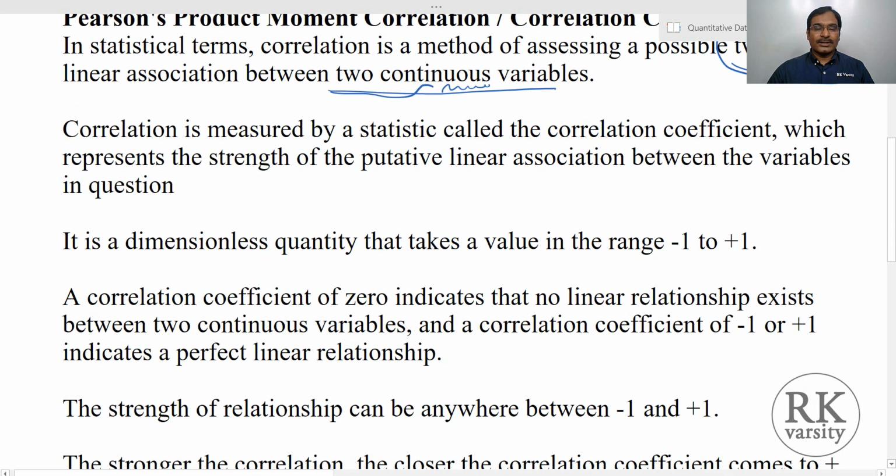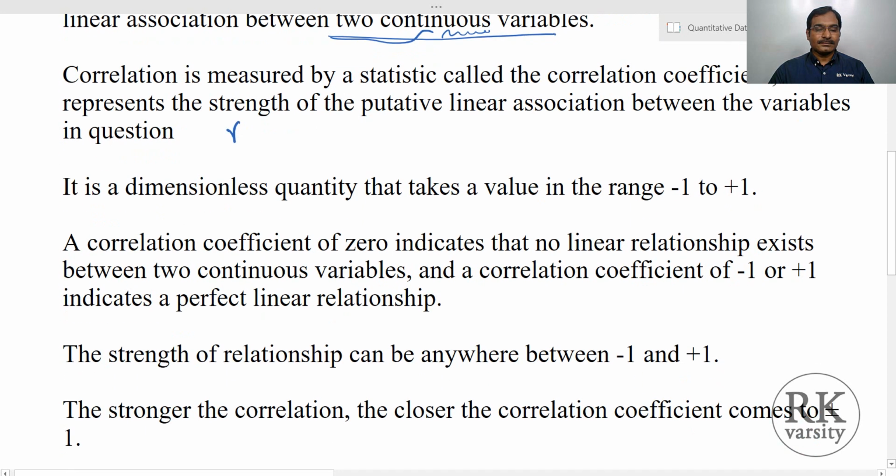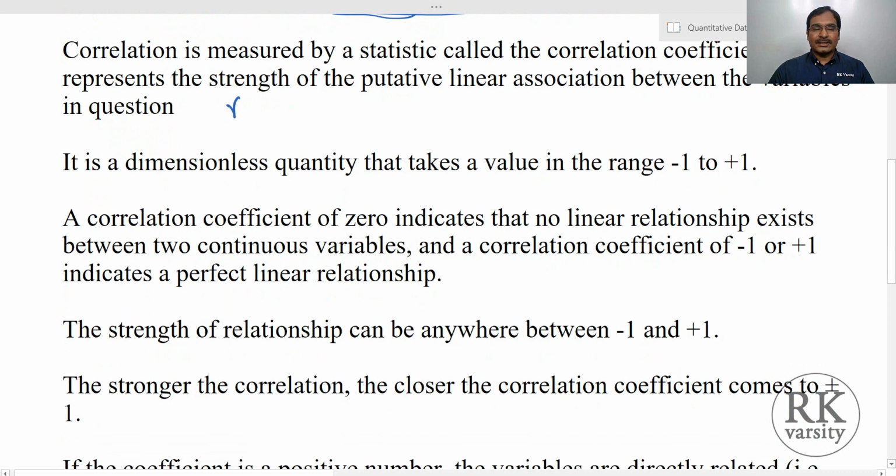Now a correlation is measured by a statistic called the correlation coefficient, which represents the strength of putative linear association between the variables, and this is denoted as R. It is a dimensionless quantity that takes values ranging between -1 and +1. So when you run a correlation, you get a value somewhere between -1 and +1.